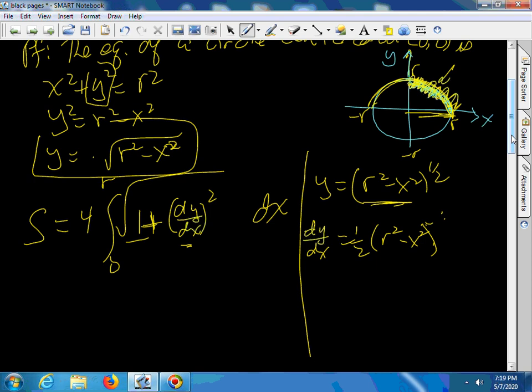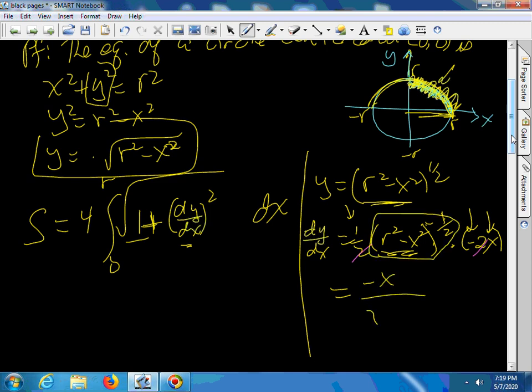Then you don't forget to take the derivative of what's inside, which is negative 2x. First thing I would say is the 2's cancel. So I have negative x times 1, which is negative x, and this piece here. But since it has a negative exponent, I'm going to put it in the bottom. So it's going to become r squared minus x squared to the half.